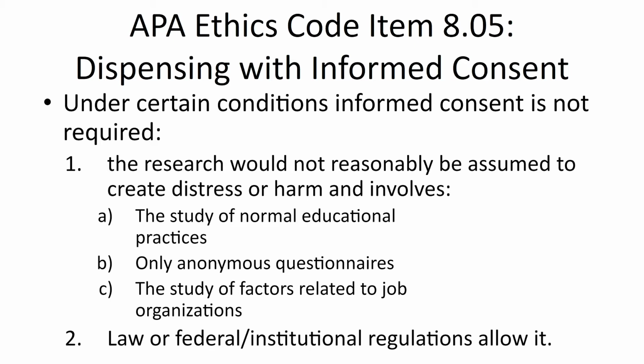So that's one situation where you wouldn't need informed consent. The other one is if the law says so. Like if the federal or institutional regulations allow it, then it's fine. You just need to make sure that for your specific kind of research, the law says it's okay to not get informed consent to do that kind of research.